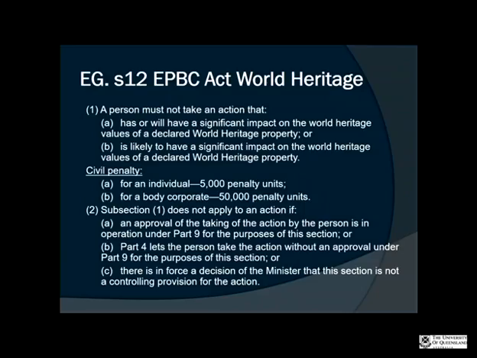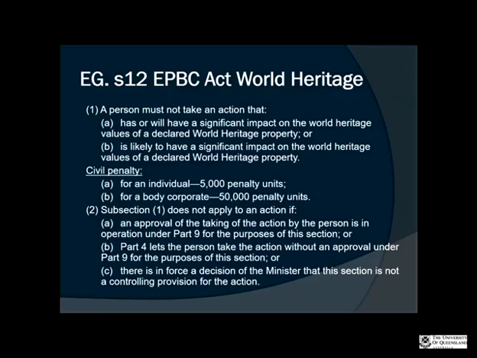Okay, because in the exam you're going to need to know whether or not the facts that you're given mean that you're going to trigger a particular aspect of the matters of national environmental significance, okay? So you'll need to know, is it section 12, is it section 17, is it section something else? You know, this one's World Heritage, there's another one for threatened species, another one for coal seam gas and coal mines impacting on water and so on.